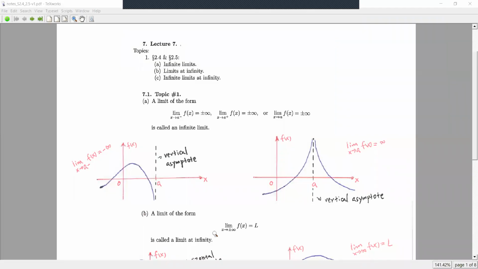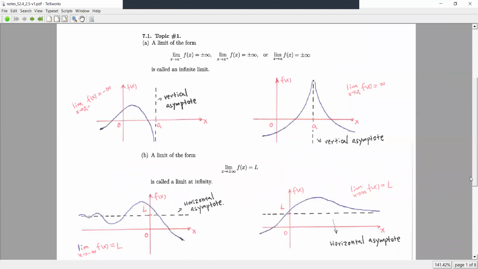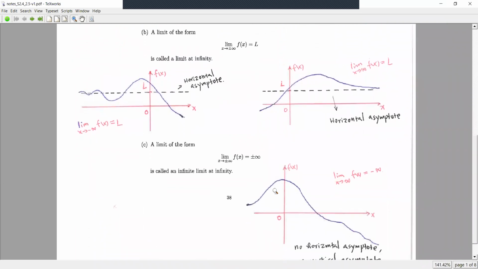B: if x approaches positive infinity or negative infinity, and the function f approaches some finite number, then the limit is a limit at infinity. Here are 2 examples. Example 1, this is a limit at negative infinity.